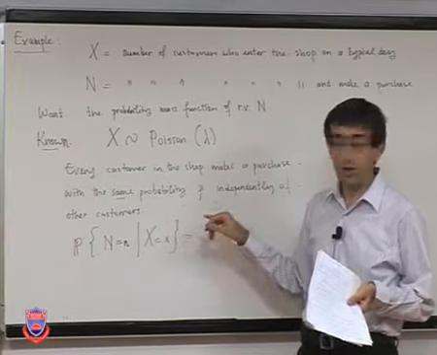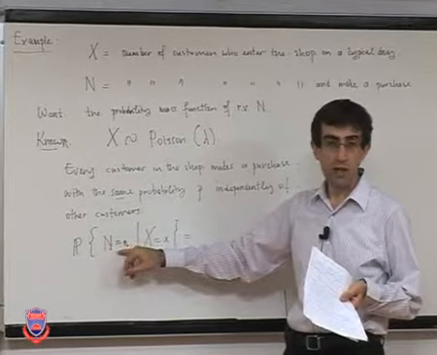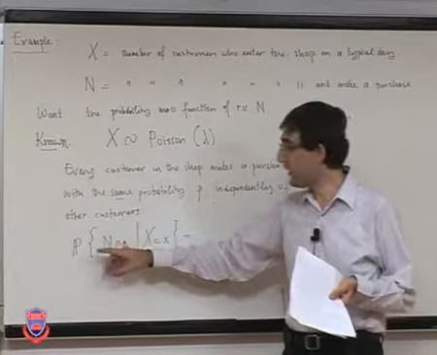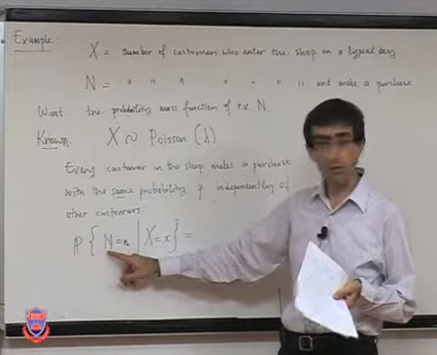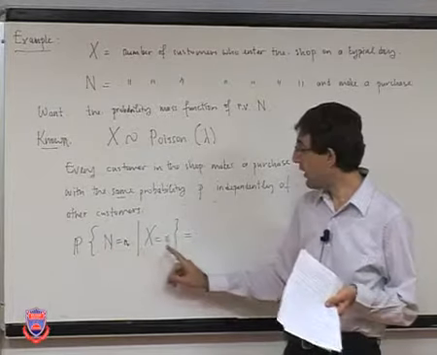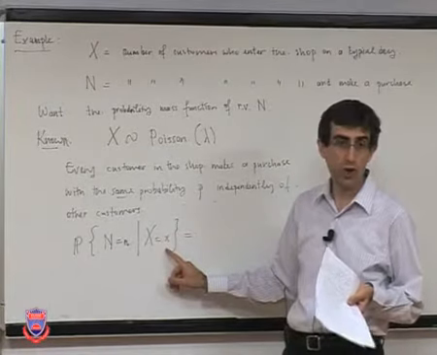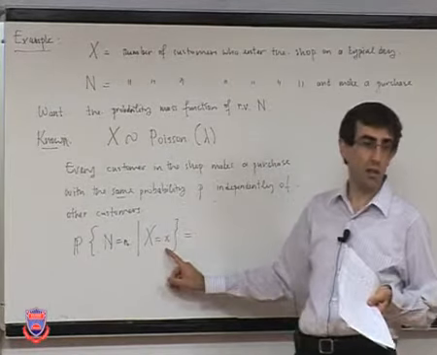And you are interested in what? The total number of successes. You are asking yourself the probability that the total number of successes equals n, given that I am currently conducting exactly X Bernoulli trials.